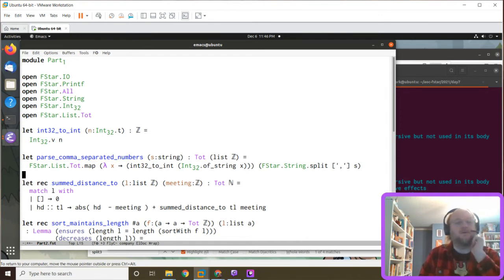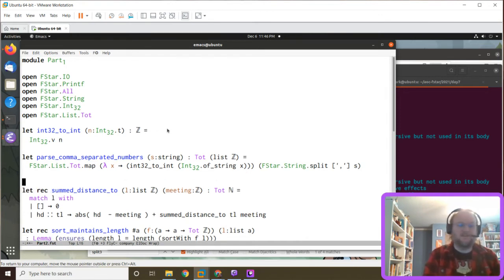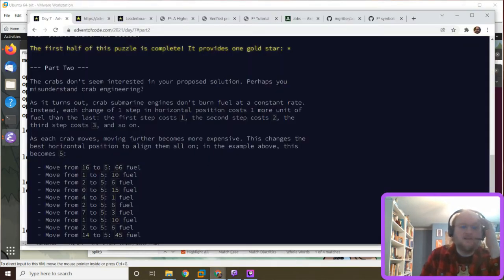All right, so the function, I mean, so this is just the arithmetic series.